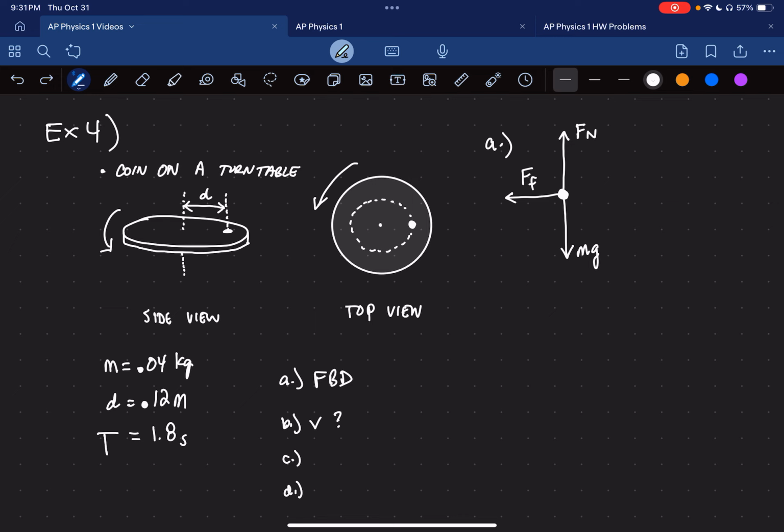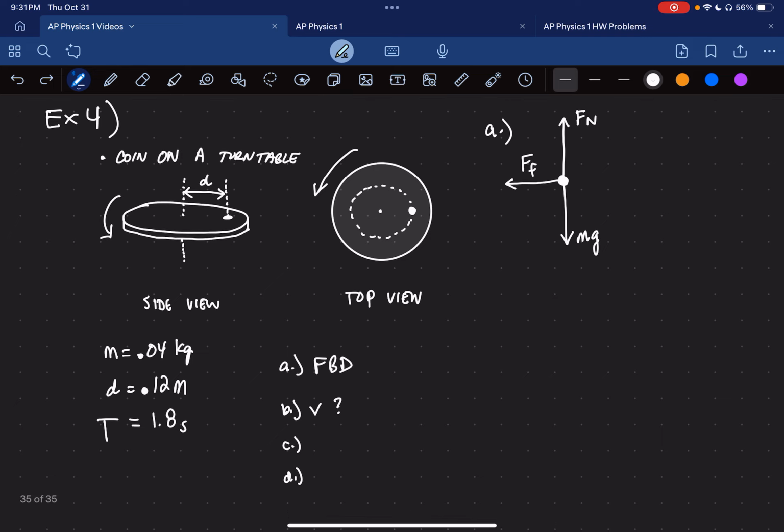Or if it started rotating and the coin was there and there was no friction, it would just stay there and the turntable would spin underneath it. It would just stay in that spot without any friction. You need that friction to get it to move. And of course, this is a static friction. It's not slipping while it's on the turntable. Pretty easy to imagine. So that's the free body diagram.